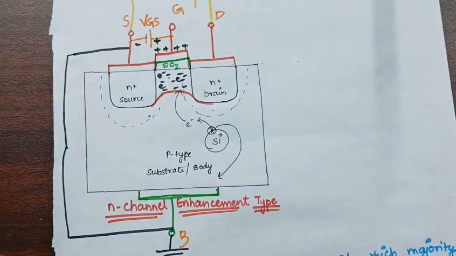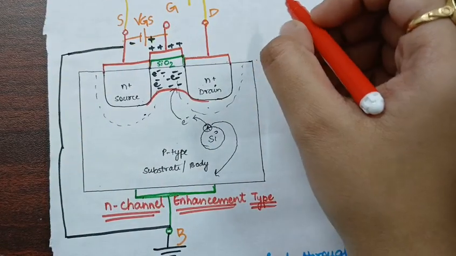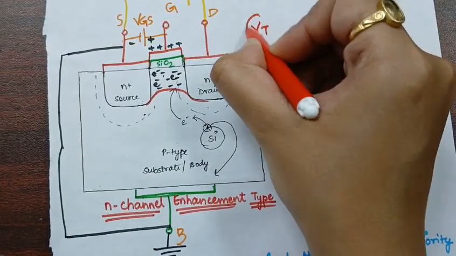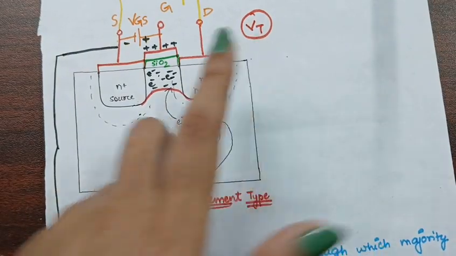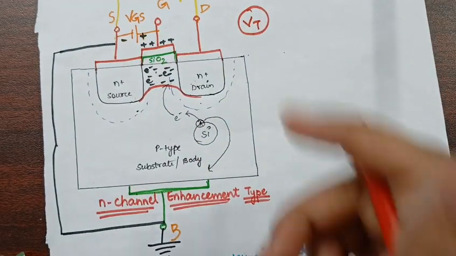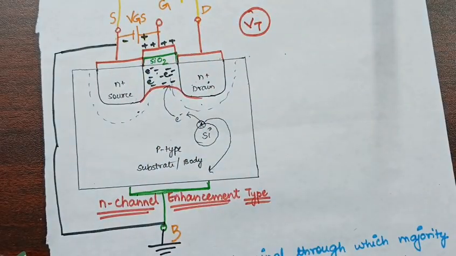That certain voltage is called the threshold voltage, that is VT. Only when we apply this threshold voltage will there be a formation of channel. Is it clear?